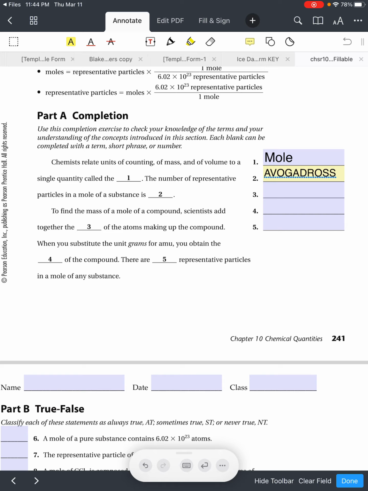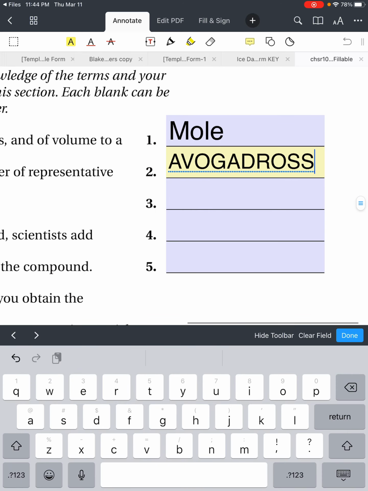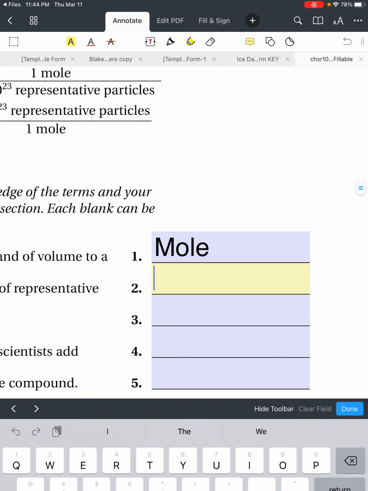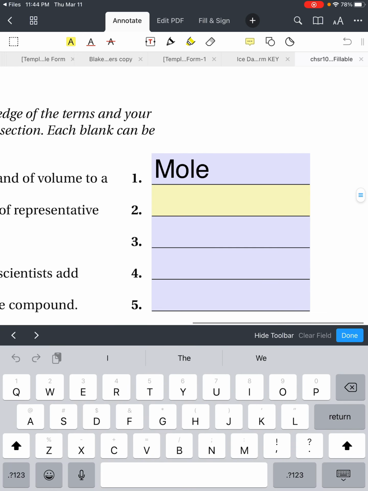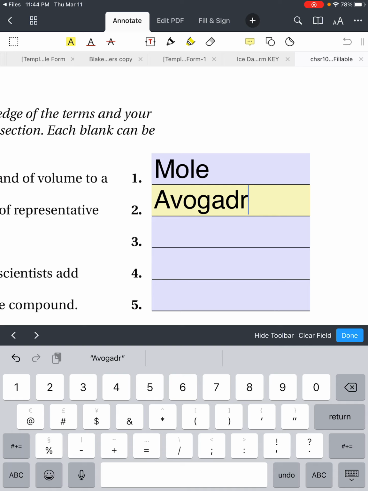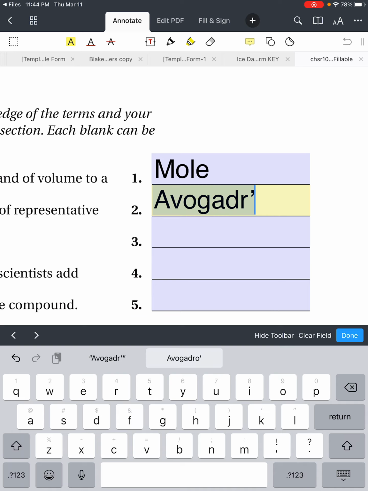Let me see if I can make that work a little better by, instead of writing with my Apple Pencil, just filling it in. Avogadro's, if I can find the possessive apostrophe, Avogadro's number.